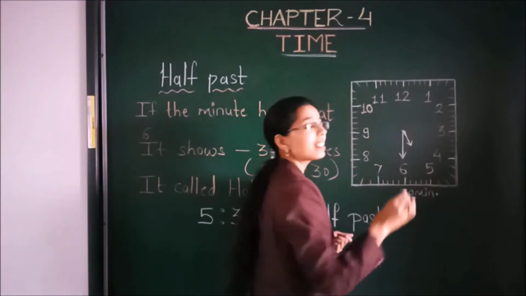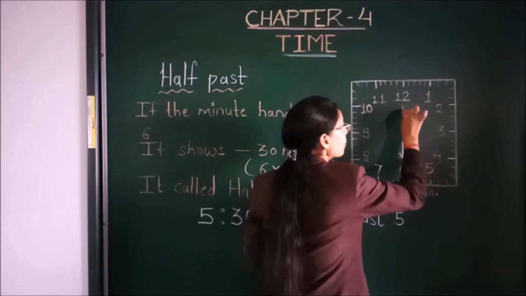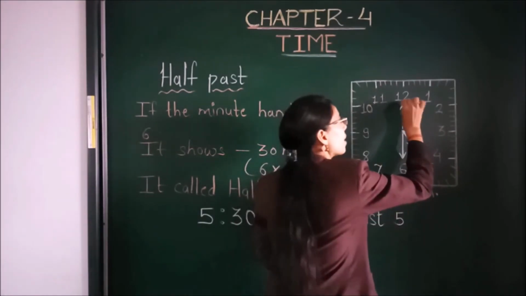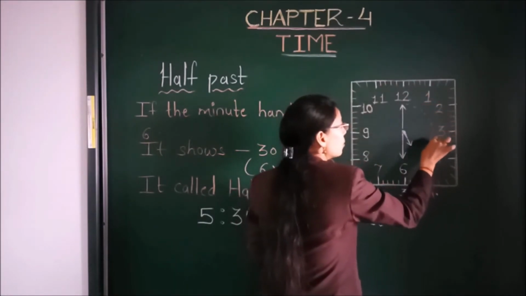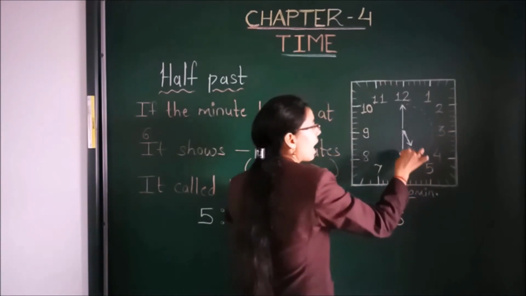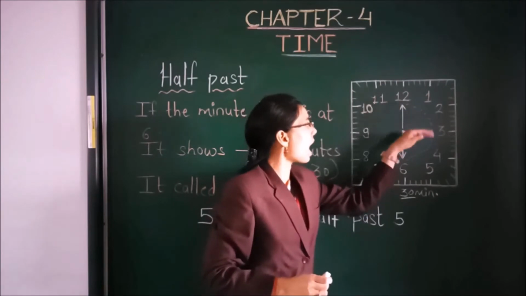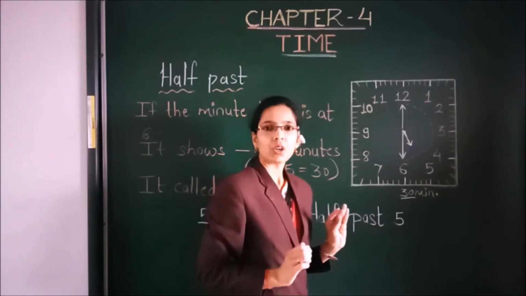Because the minute hand starts at 12, moves clockwise like this, and then comes to 6. So it is half past.